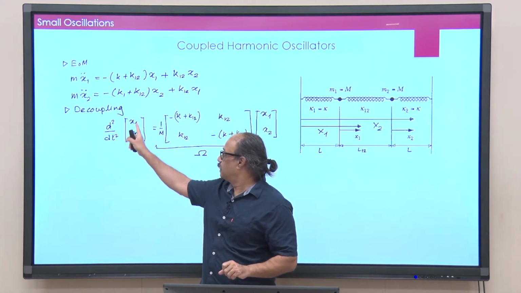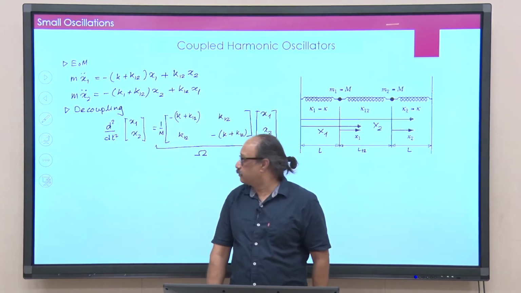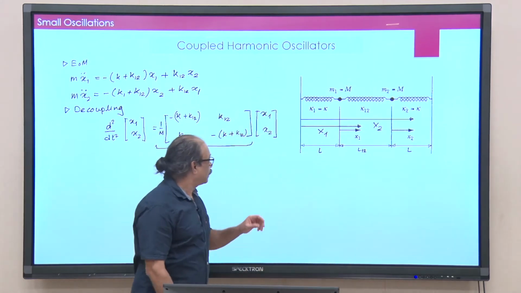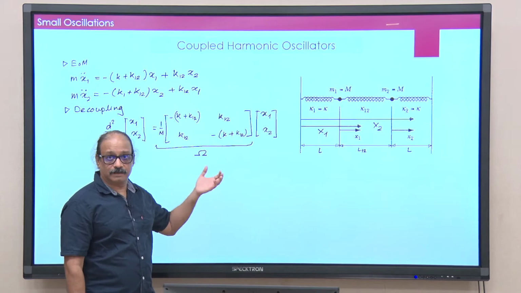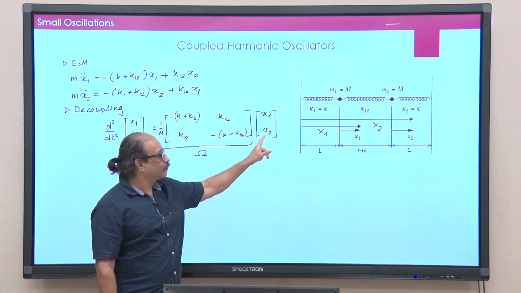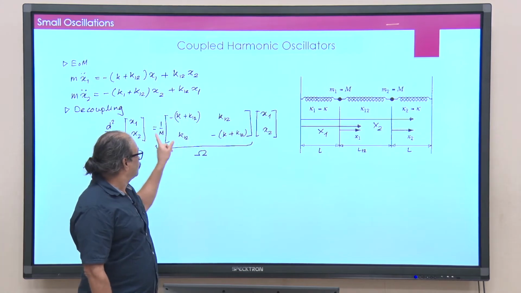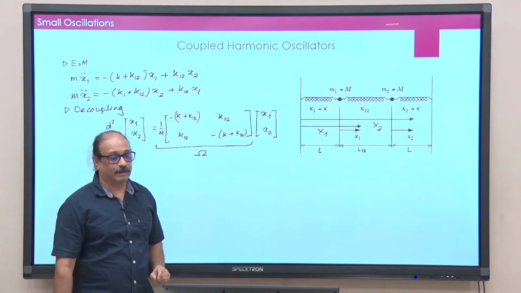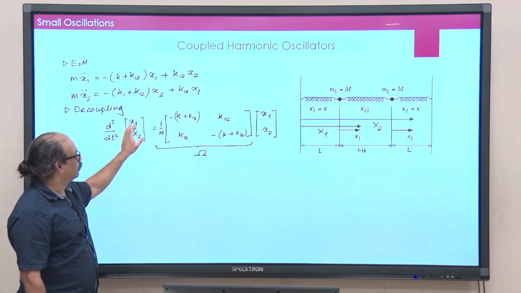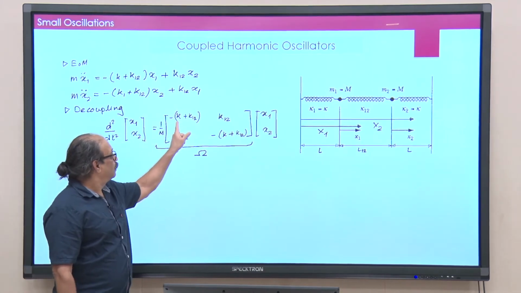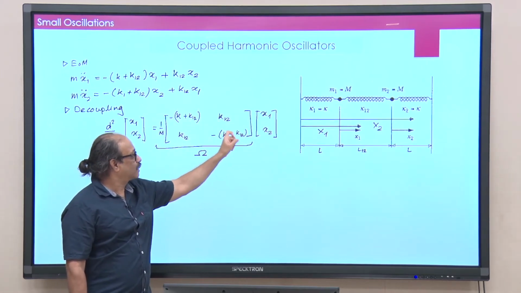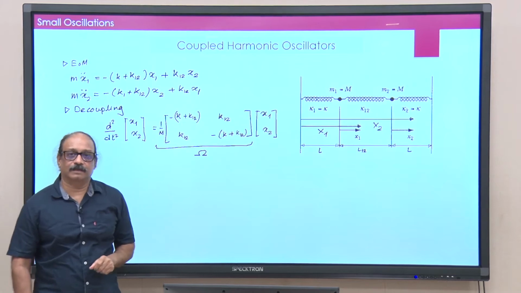So, this is basically the pointwise derivative of each one of these terms, and it must be equal to, on the right hand side, I can neatly write this because the equations anyway are linear, x1 x2 in the column form and then this 2 by 2 matrix there, okay. So, that my first differential equation which is x1 double dot will be equal to minus (k plus k12) times x1 plus k12 times x2, okay, fine.